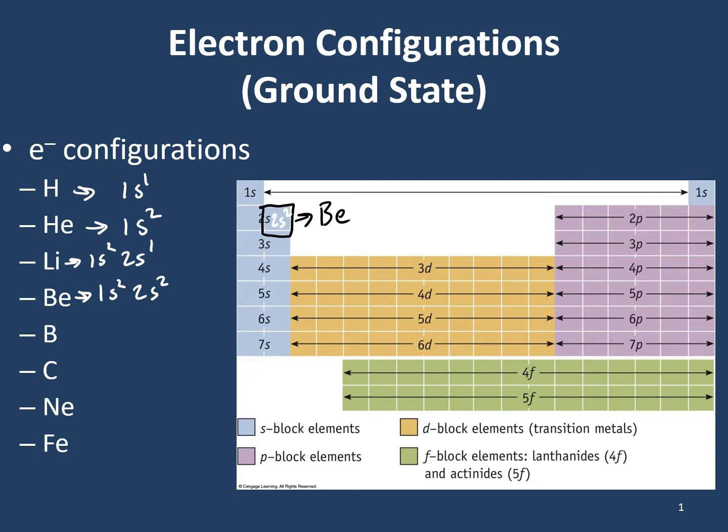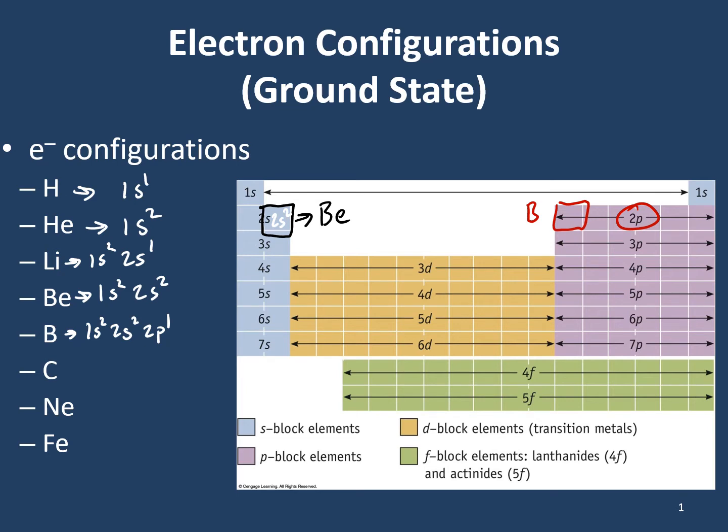Now, if we go to boron, boron is this elemental square, B. And it's going to be all of beryllium plus one more electron. But this electron is in the 2p block. So when we write this guy's electron configuration, it'd be 1s2, 2s2, 2p1.